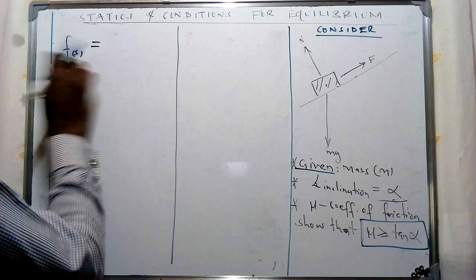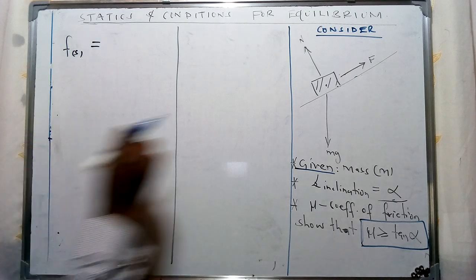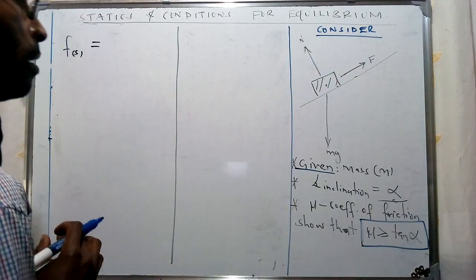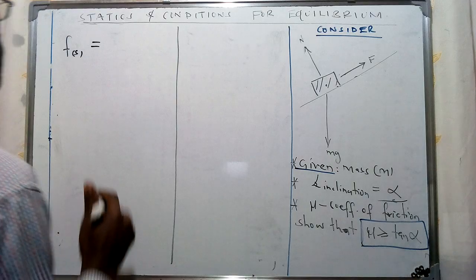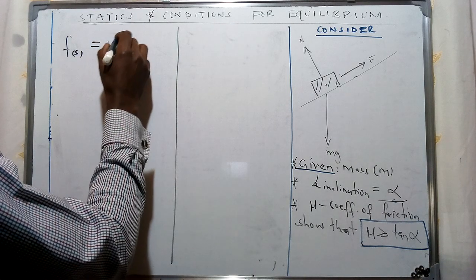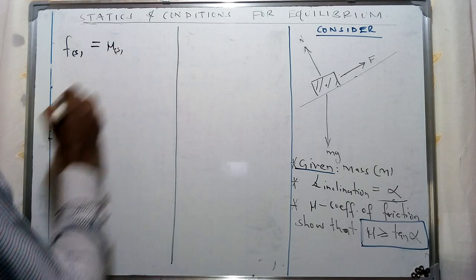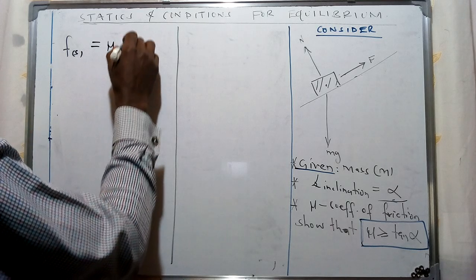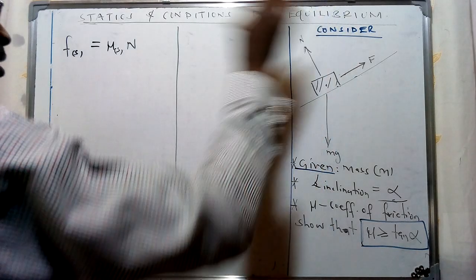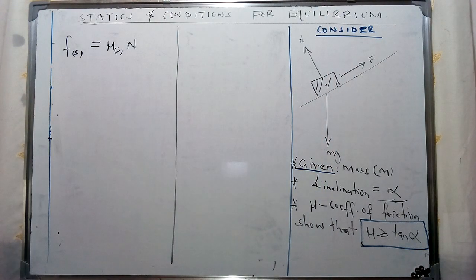Now static friction is defined by an object at rest and a force being applied, whereby this force is going to ensure that the object does not move. So the static friction, we said, can be defined in terms of mu s, which is the coefficient of static friction, times the normal force, as illustrated by this illustration.